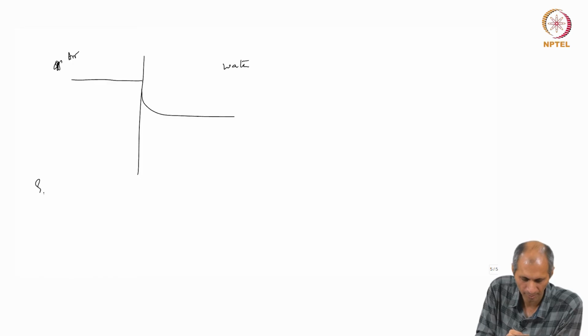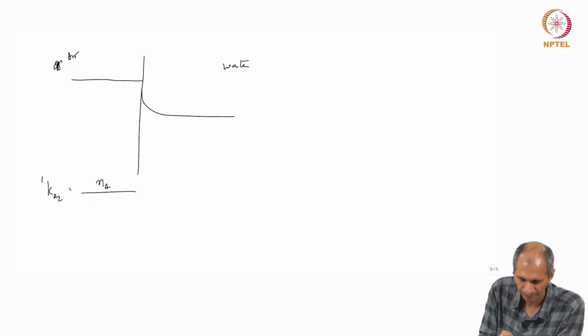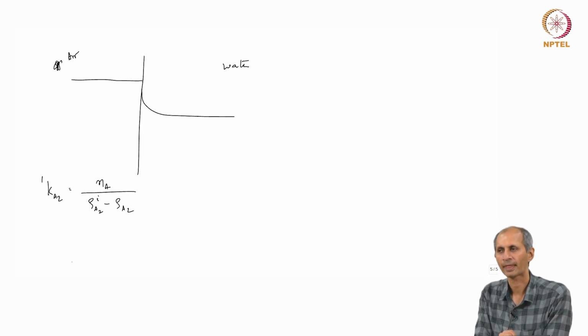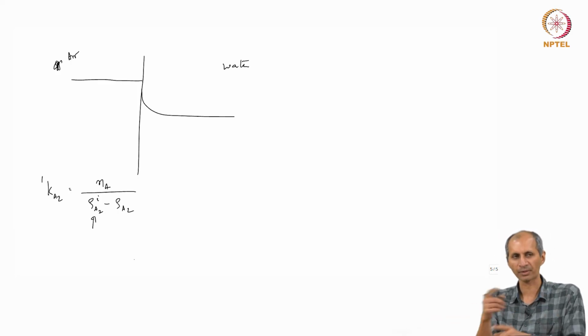We are now talking about K21 equals Na by rho A2I minus rho A2. In this case, we want a system just like this, just the opposite of the water evaporation.